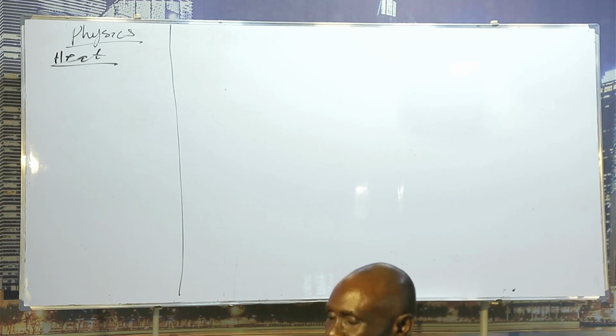Let's name them. Let's just take them one by one, beginning from the first part of it. First, let me ask the question. If heat is measured in joule, give me the dimension of heat. Everybody. Because that's one of the things you may see in your JAMB exam, and you are in trouble if you don't know.